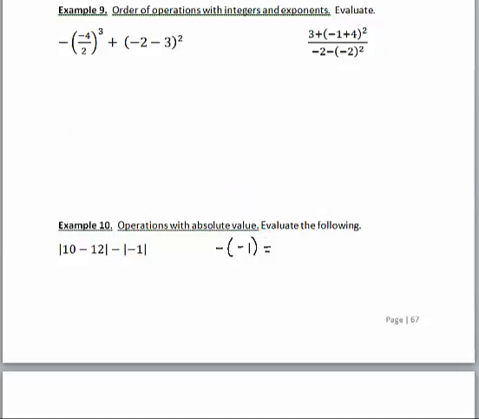The 1 for an exponent is okay. So this negative and that negative can be combined to give us a +1.